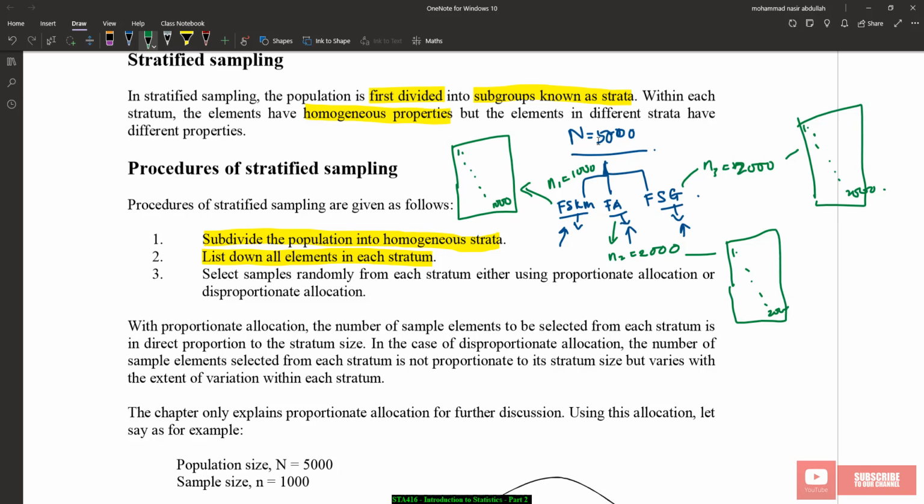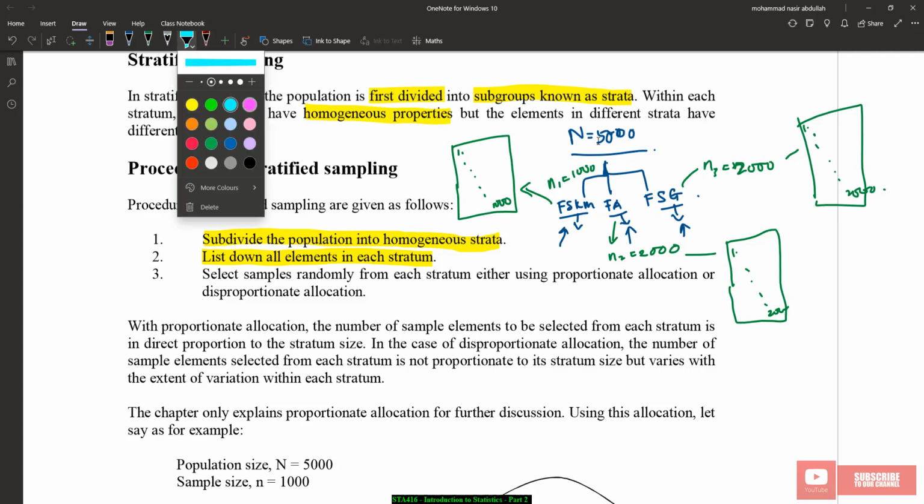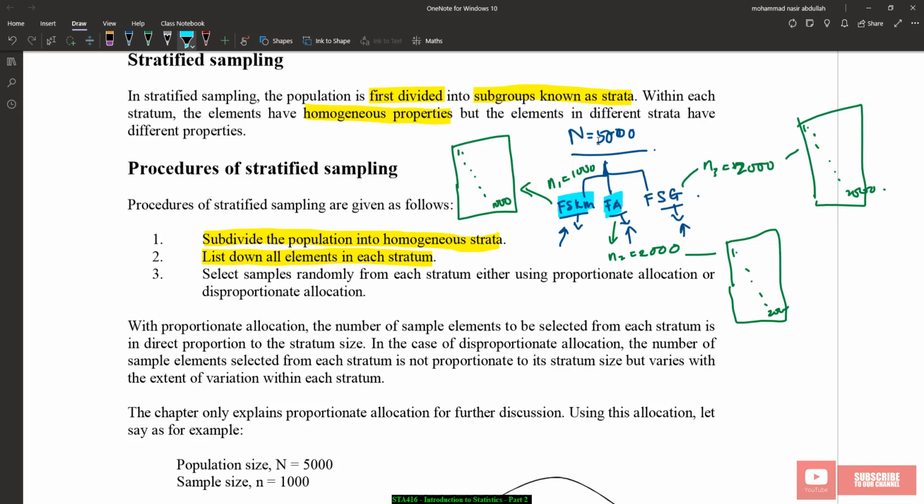Means that we need to divide the population into groups, right? Here we divide the population into FSKM, accountancy, and FSG. In FSKM, we have 1,000 students. In accountancy, we have 2,000 students. FSG, we have 2,000 students. Each group should have a complete sampling frame. So we need a complete sampling frame for FSKM, for accountancy, and for FSG.